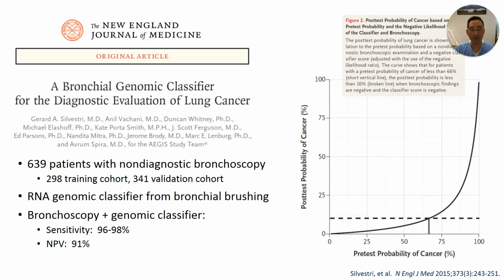Hopefully, if you can decrease the post-test probability enough, then you as a clinician, in conjunction with your patient, may feel more comfortable with moving away from an aggressive follow-up plan, and perhaps you'll feel comfortable with just having a less aggressive approach, perhaps with serial CTs.